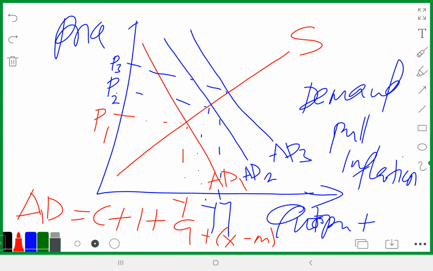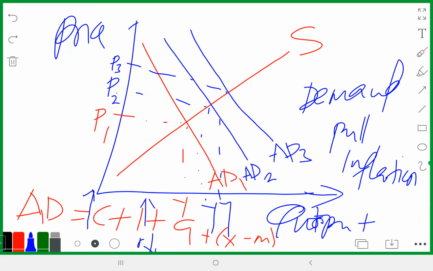For example, we did say that if taxes reduce, then consumption shall increase, right? When taxes reduce, consumption increases and even aggregate demand will increase, right? When interest rates reduce, investments will increase as well.